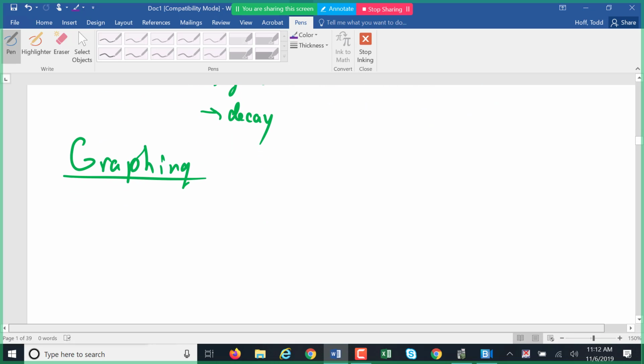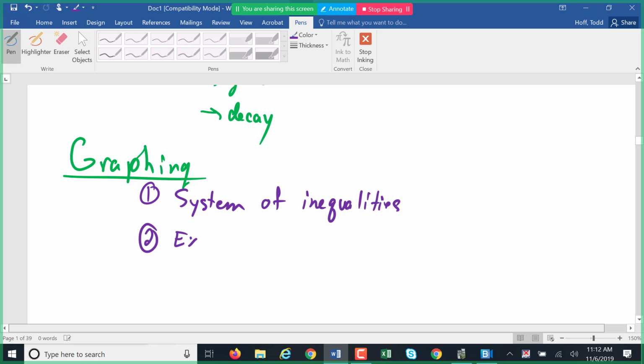You need to be able to graph a system of inequalities. You'll need to be able to graph an exponential function. You need to be able to graph a logarithmic function.